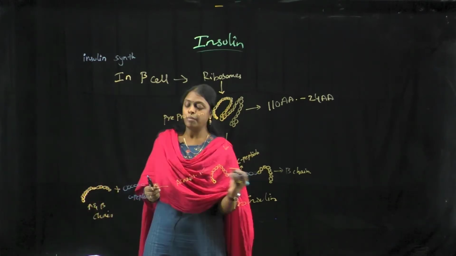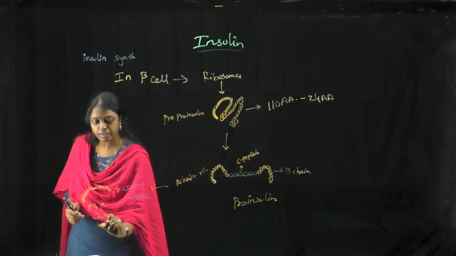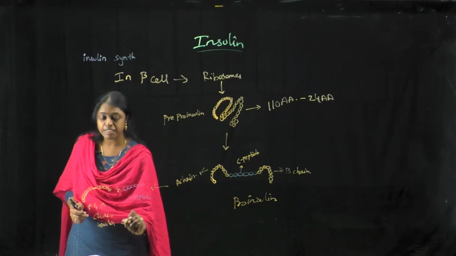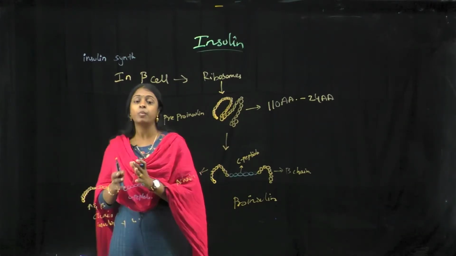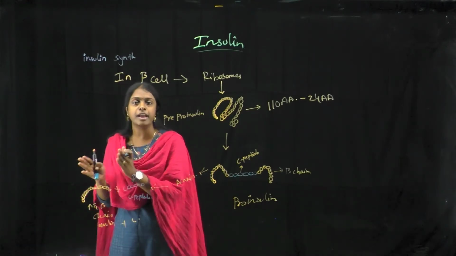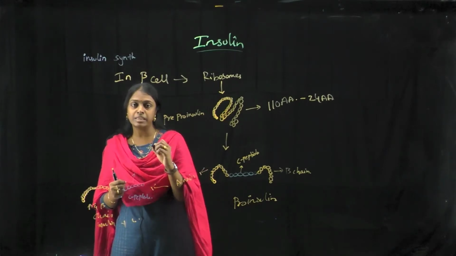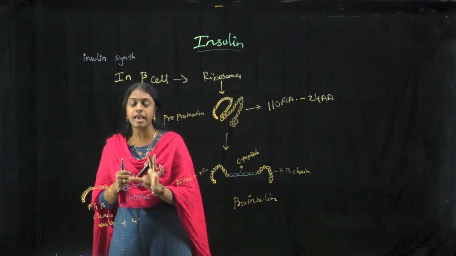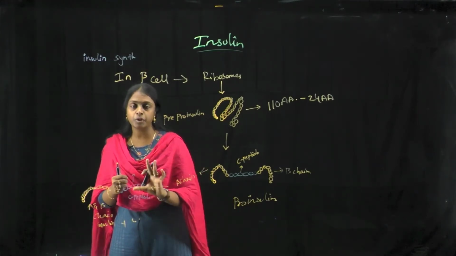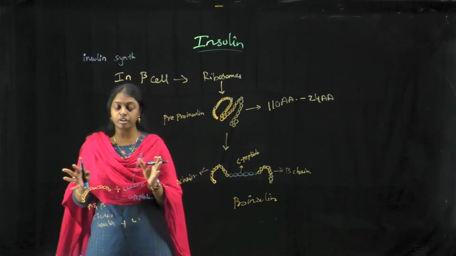Now this proinsulin is converted into insulin plus C peptide. Why do the C peptide and the A and B chains get separated? Because the Golgi apparatus proteolyses the C peptide with enzymes, that's why they get separated.